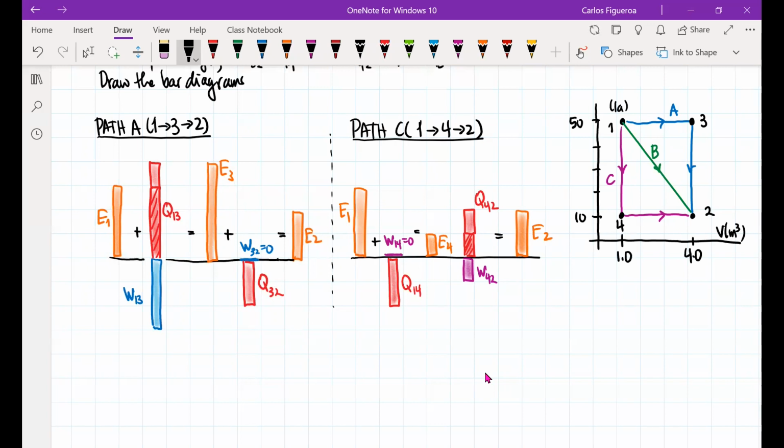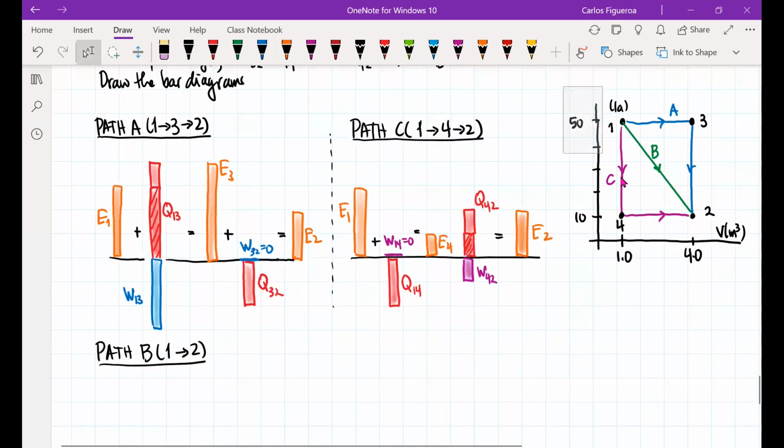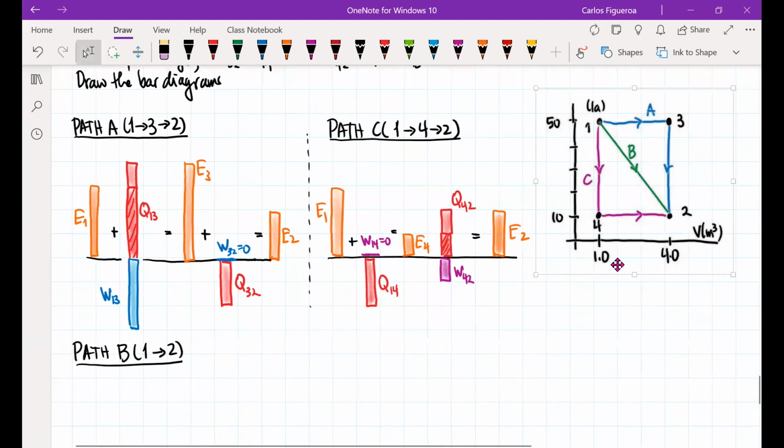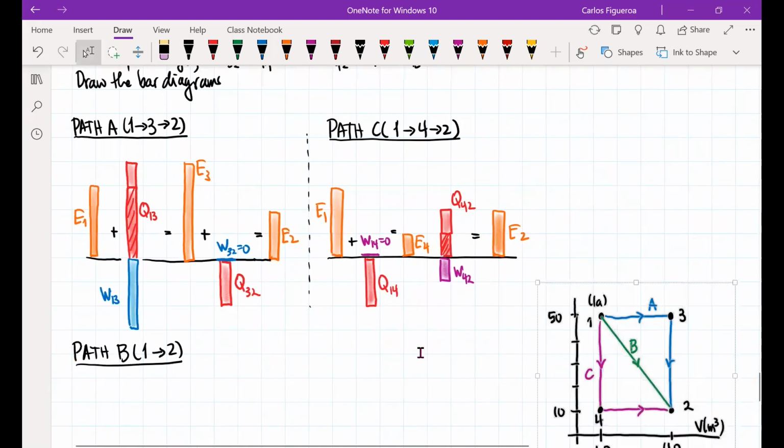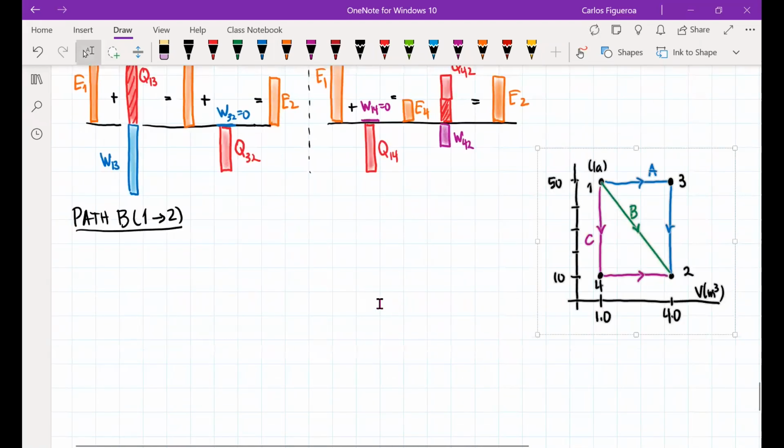So now let's go to path B. And this one's just 1 to 2. And this one, what we said was going to be tricky because we don't know what the heat is doing. So let's look at two possible situations.